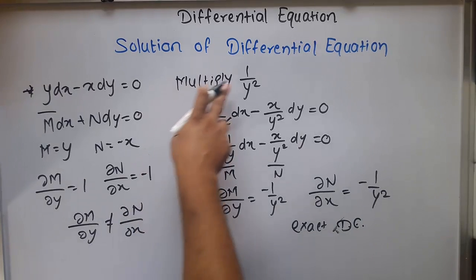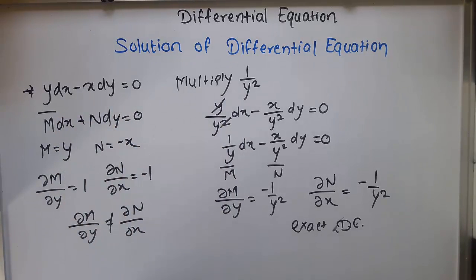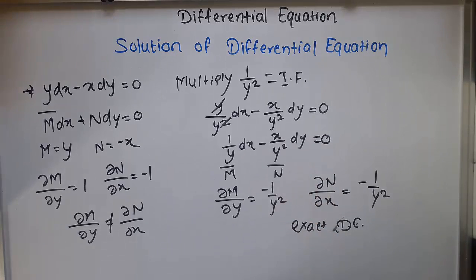By simply multiplying by 1 by y square, our equation y dx minus x dy becomes exact. So this 1 by y square is called the integrating factor. To solve this type of problem we require an integrating factor.